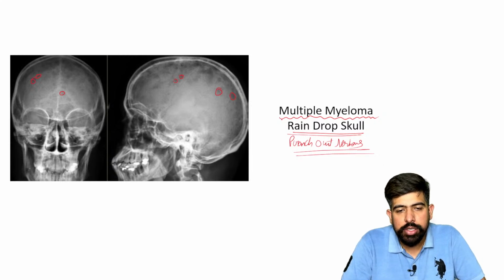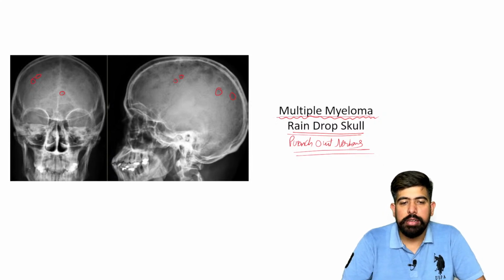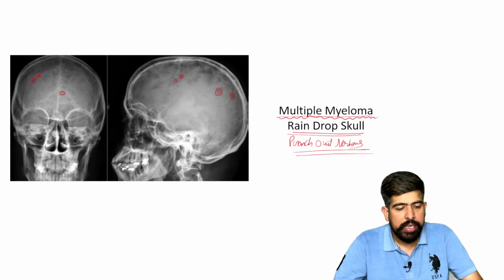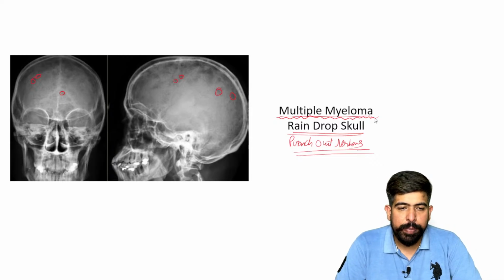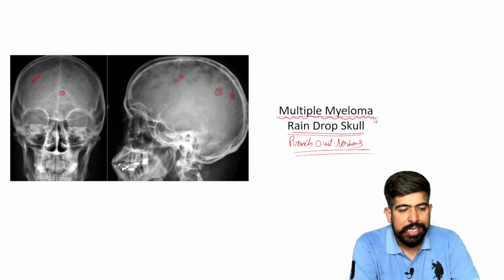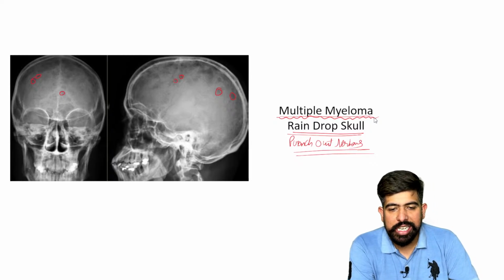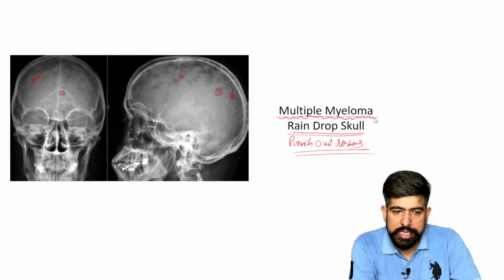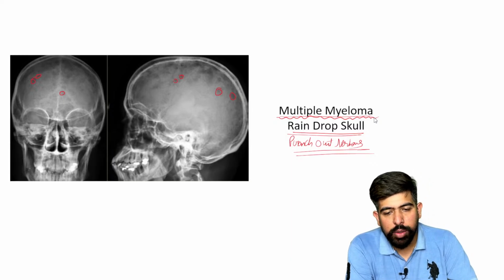All right, so it is classically seen in multiple myeloma, right? So this is the image of multiple myeloma. So if they ask you where the punched out lesion or the raindrop sign is seen, this is seen in, yes, multiple myeloma.